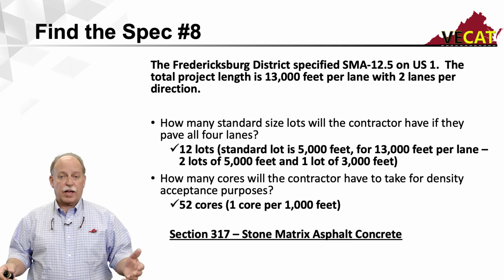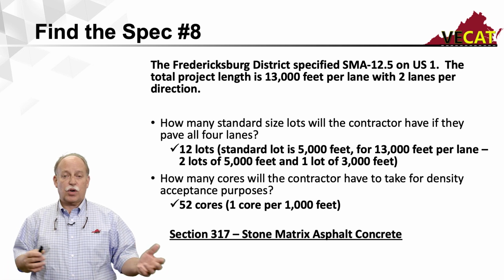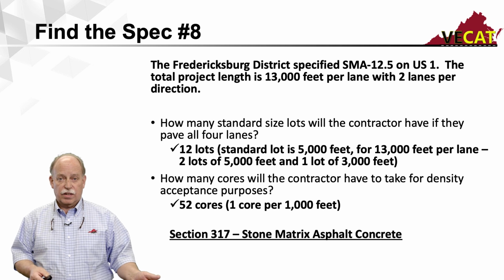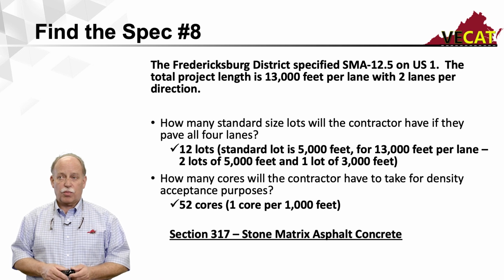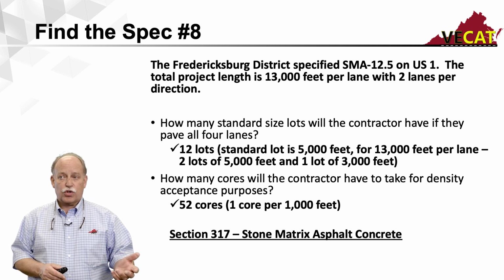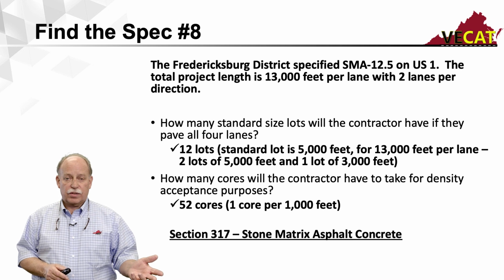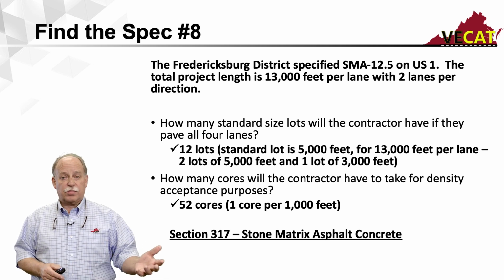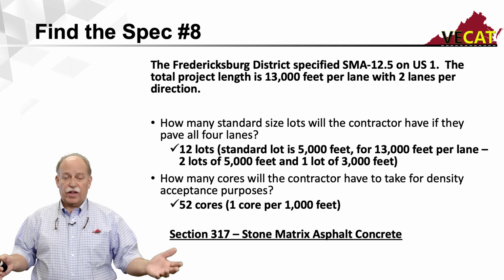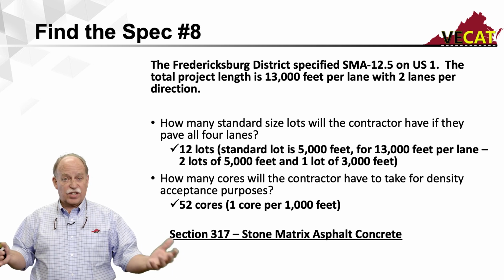Remember, this was an SMA mix, so now you have to go to section 317. It's not a standard mix, it's a stone matrix asphalt concrete, and that's found in section 317 of the Road and Bridge Specifications. First question is, how many standard lots will the contractor have? So the answer is 12 lots. How did we get that? Well, we had 5,000 feet as a standard lot.